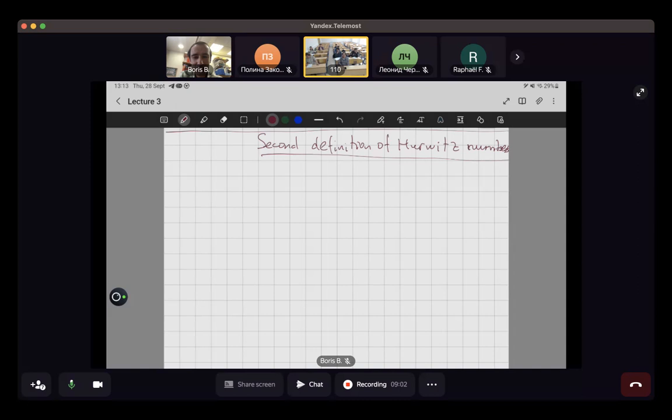So what is a ramified covering and what would all this mean?